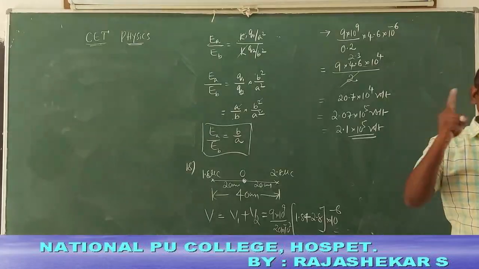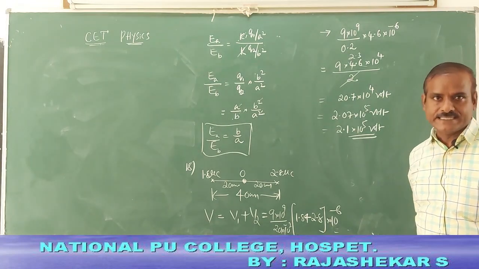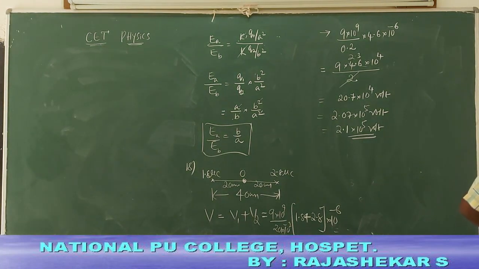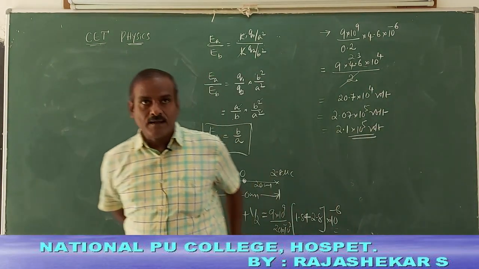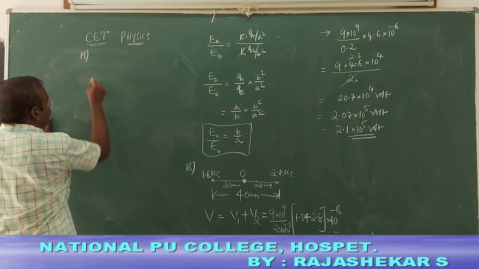Well students, question number 19, if you observe, is followed with question number 18. They are asking for the same two charges, they are asking for potential at a point 20 centimeter from the midpoint of the line joining the two charges in a plane normal to the line and passing through the midpoint. Like on the equatorial line, they are asking for electric potential for the same arrangement.